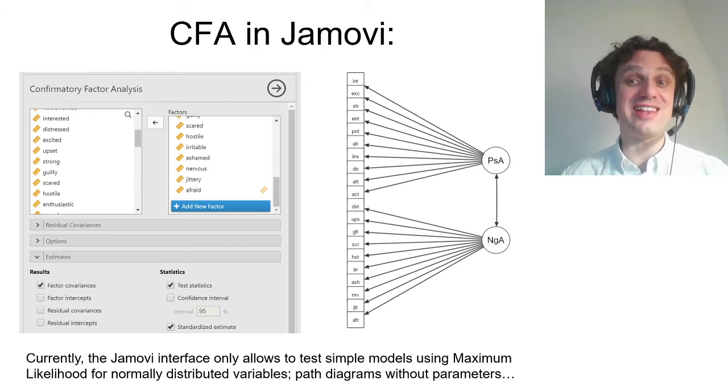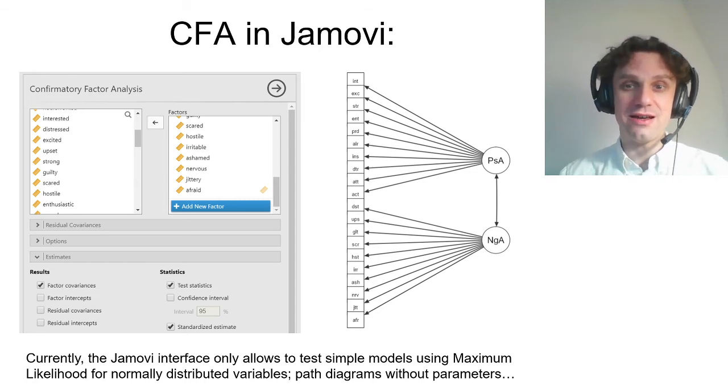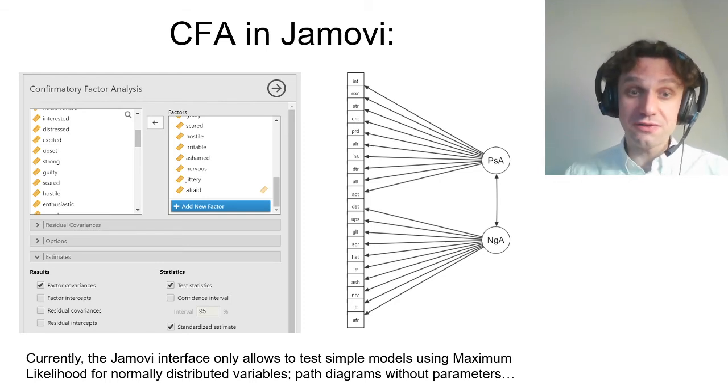It only allows you to test very simple models using only the maximum likelihood approach. So if you have some categorical data, or if you have some strong non-normality, maybe you need some package that would be more robust, either R or Mplus or AMOS. But for many situations, for many purposes, this is quite sufficient.